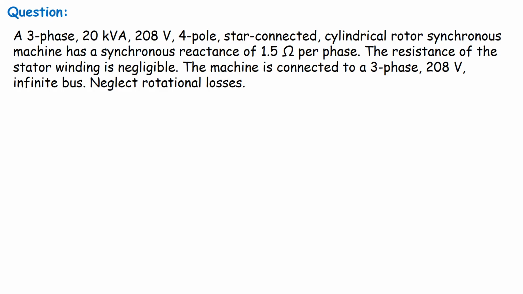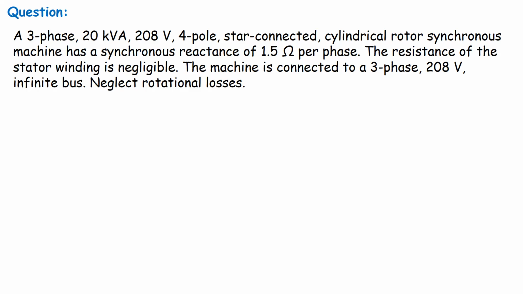A three-phase 20 kVA, 208 volts, 4-pole star-connected cylindrical rotor synchronous machine has a synchronous reactance of 1.5 ohms per phase. The resistance of the stator winding is negligible. The machine is connected to a three-phase 208 volt infinite bus.